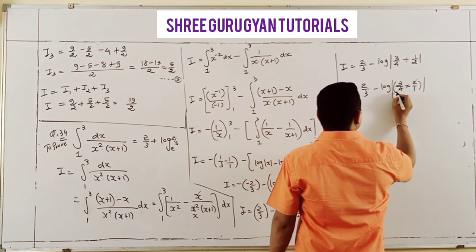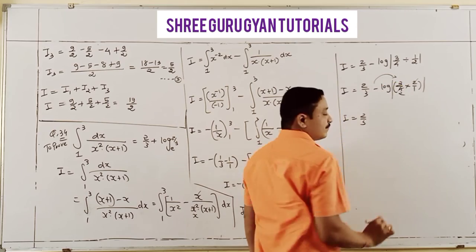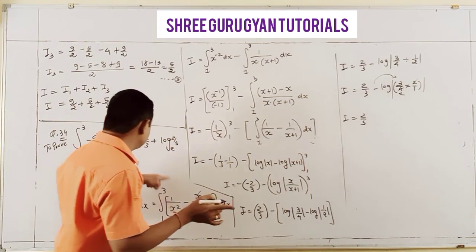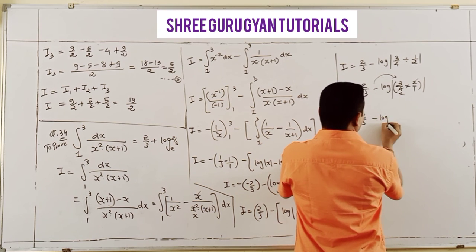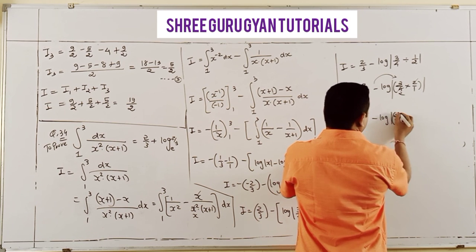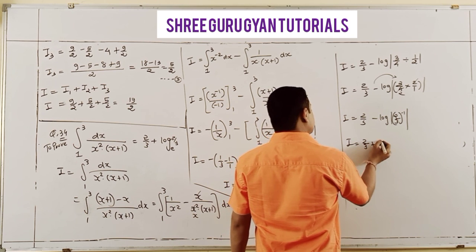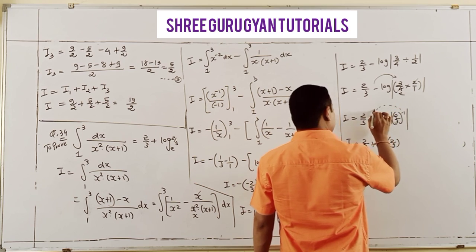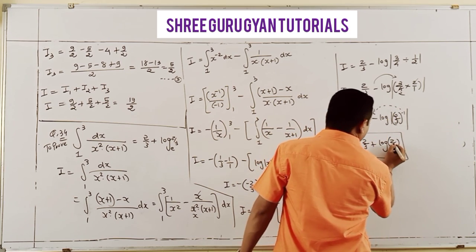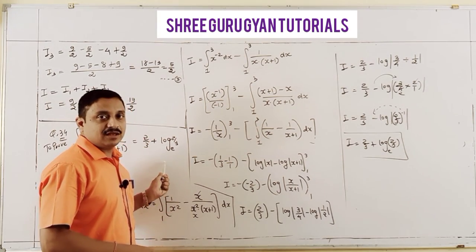That cancels, 2 ones are 2 twos are. So can I write this minus in the upper way? Because I want plus, so log of 2 by 3 raised to minus 1, and this minus 1 carry forward outside, it is plus log 2/3. Here, students, your final proof: 2/3 plus log 2 by 3 base e.